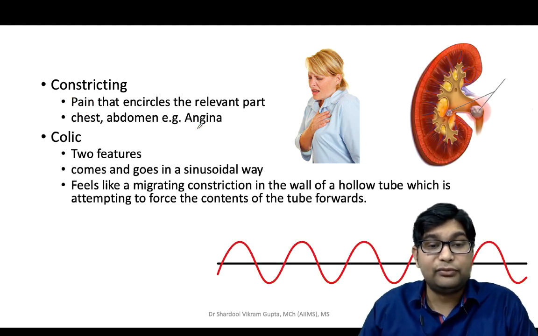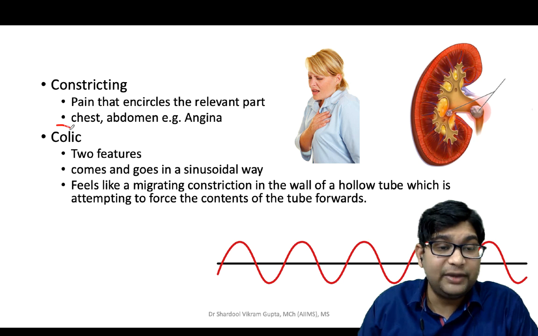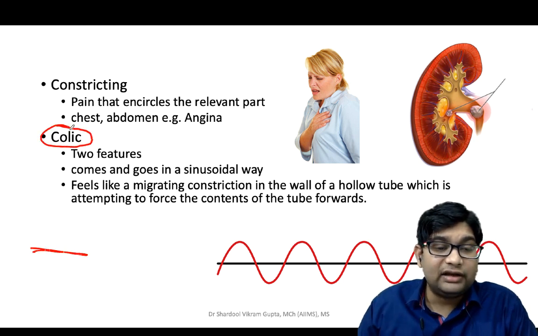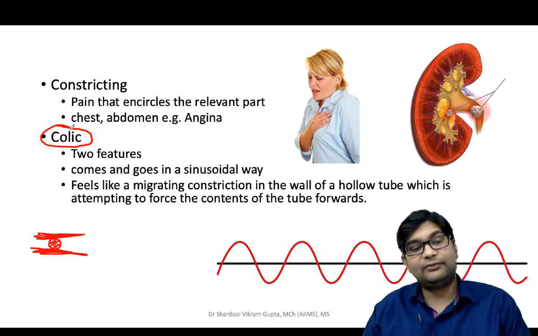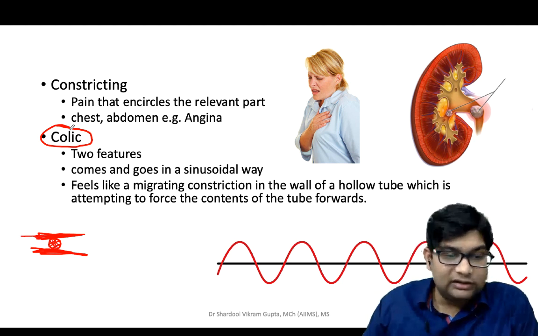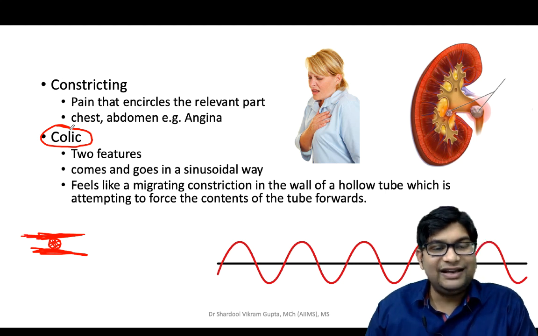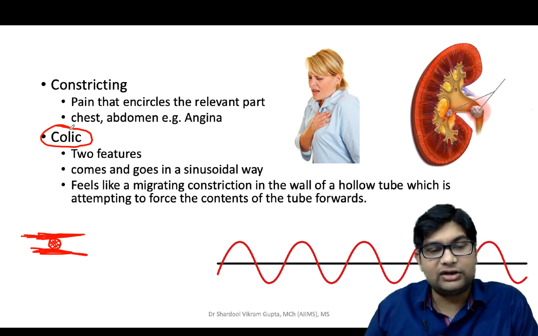Or one of the most important characteristics of pain is colicky pain. So colicky pain is due to when the muscular tube is obstructed by some kind of foreign body, like say stone or some obstructing pathology. Then what the muscular tube tries is to increase the peristalsis to get rid of the obstruction.